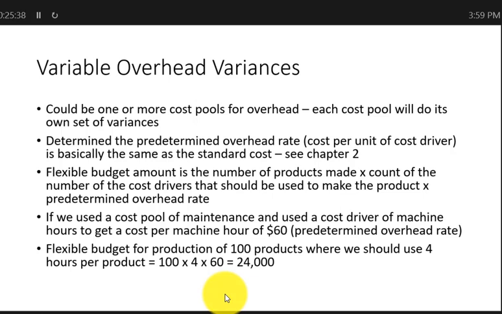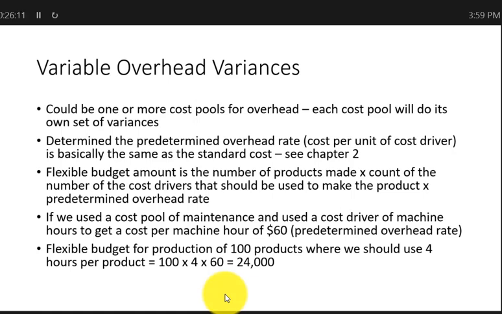These overhead costs often are broken into pools. Recall chapter 2, where we had activity-based costing and learned about breaking our overhead into multiple piles, if you will. Maybe a maintenance pile, maybe a shipping and receiving pile. Each of those we would apply separately.